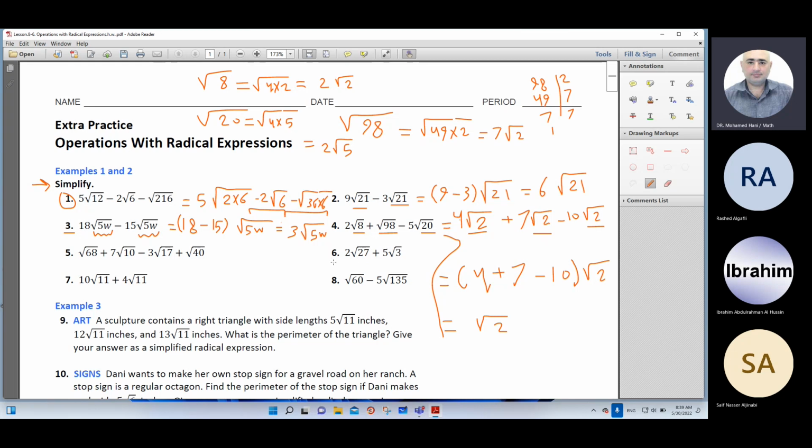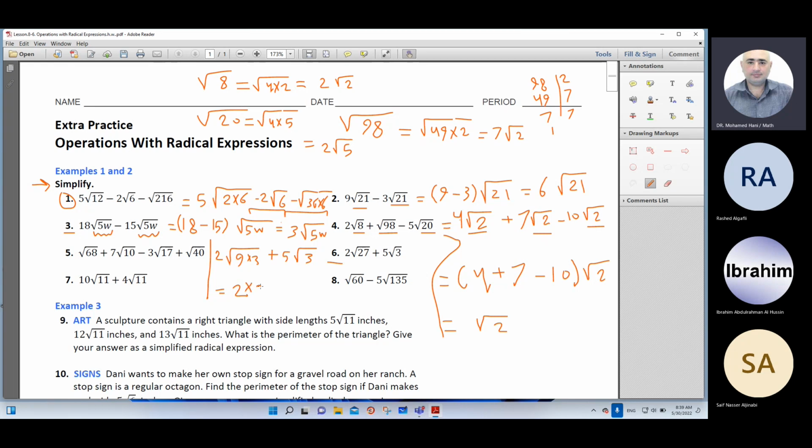As you see here, exercise number 6. Here, 2 square root of 27. We can write it 2 square root of 9 times 3 plus 5 square root of 3. So 2, what is the square root of 9?